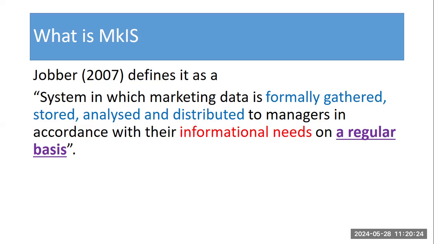That's why it is formally gathered. The system runs with the help of procedures and methods to gather, sort, analyze, and distribute relevant, timely, and accurate information continuously, to inform the marketing decision makers.